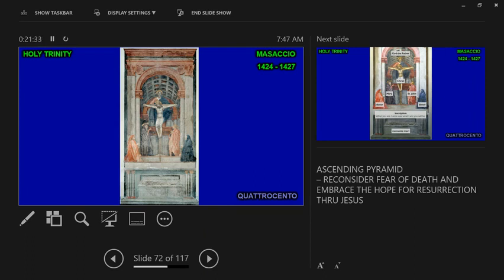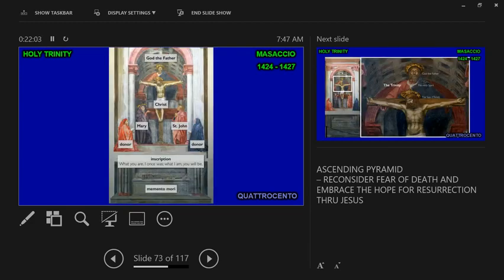We have God the Father behind Jesus, who is on the cross. There's Mary on the left, Saint John on the right, and then in the corners down below are a couple of patrons or donors. These are donor portraits, and down below that there is a skeleton on top of a sarcophagus, and there's a quotation there that we'll look at in just a second.